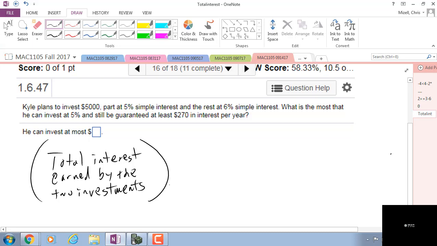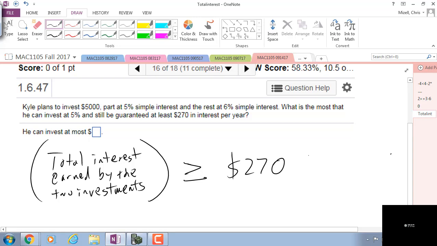What inequality symbol do we write that means at least? Yes, if it's equal to, it's at least. If it's greater than, it's at least. So greater than or equal to $270.